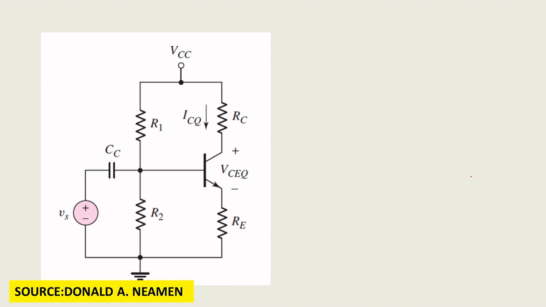Now we want to find the current terms IBQ, ICQ. So I am going to simplify this circuit. I am going to redraw this circuit as the Thevenin equivalent circuit. So the first step is I'm removing this VCC.